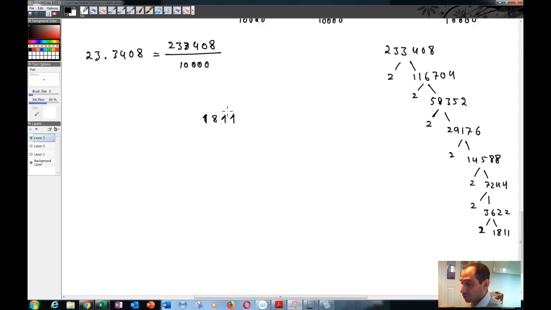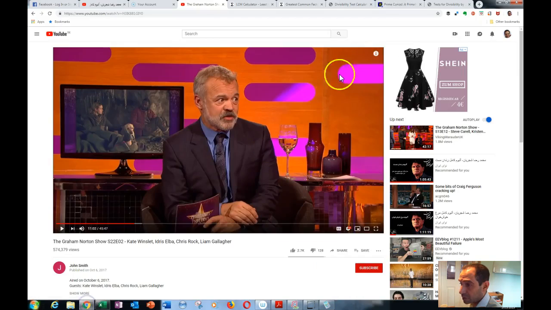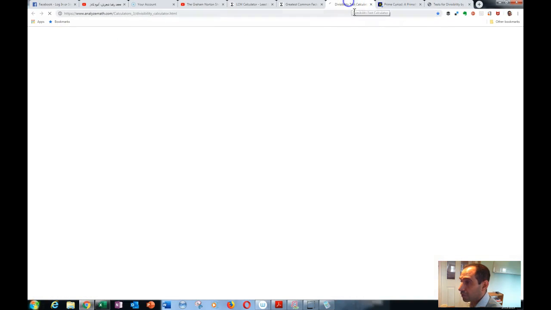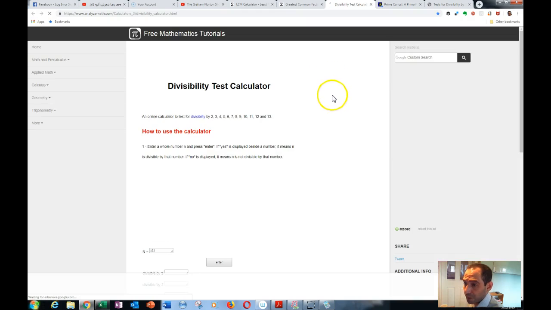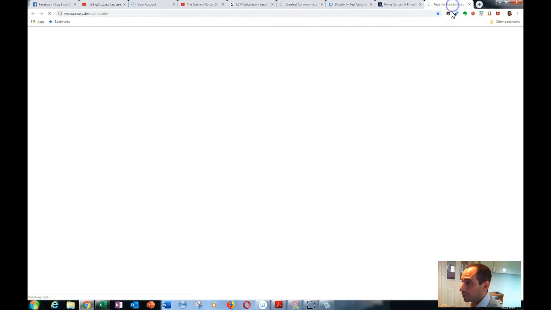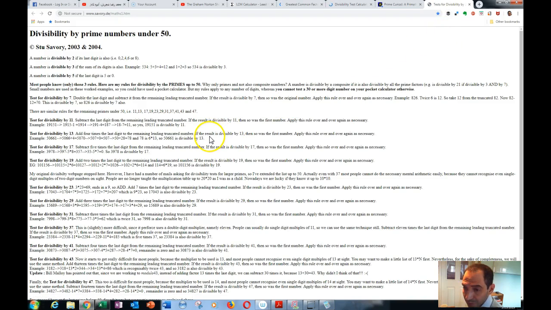So if you were to look for divisibility for 11, well, of course you forget these. So subtract the last digit from the remaining leading truncated number, and check if the result is divisible. Of course, this is one way of testing divisibility by 11.